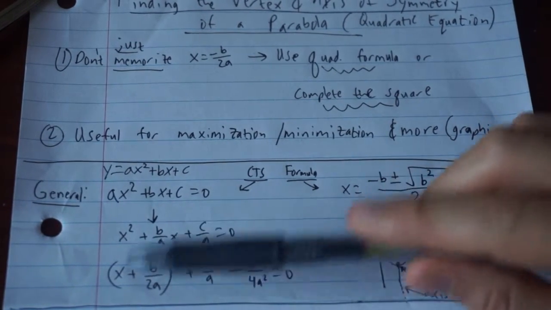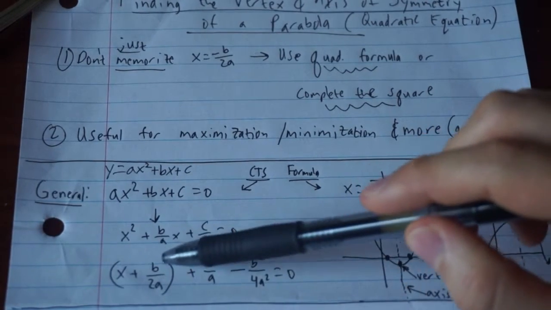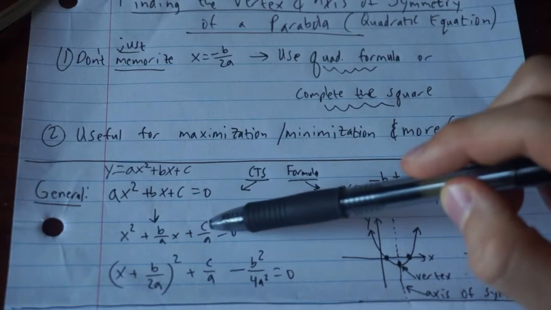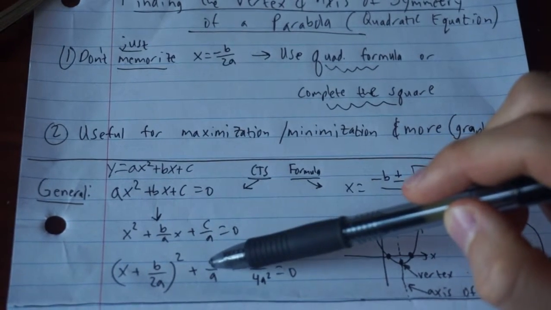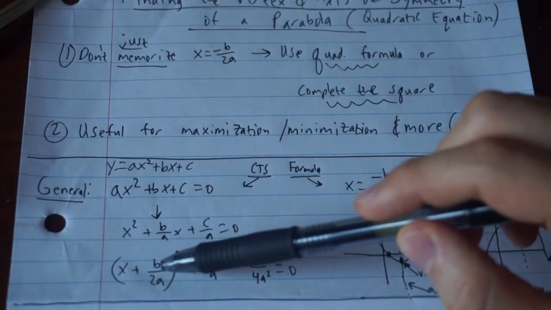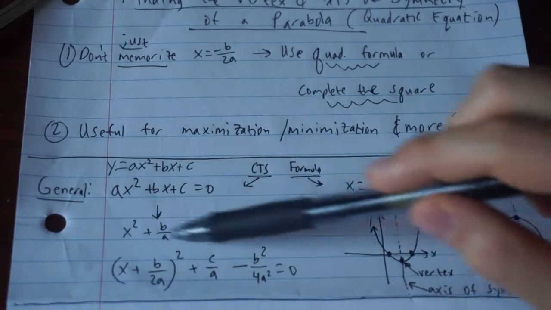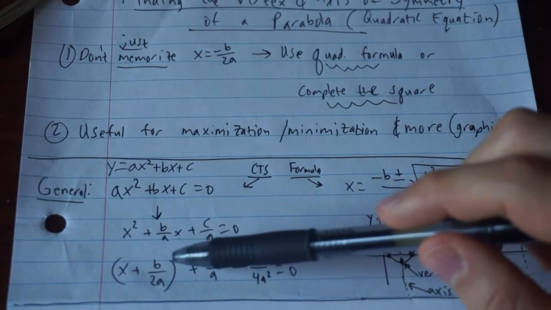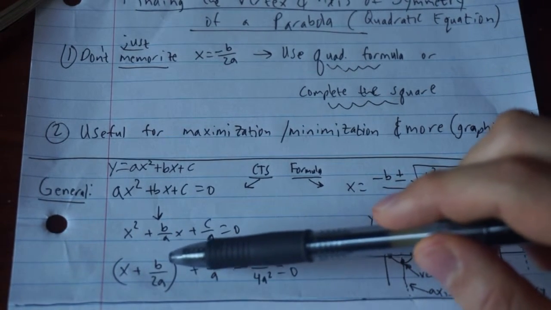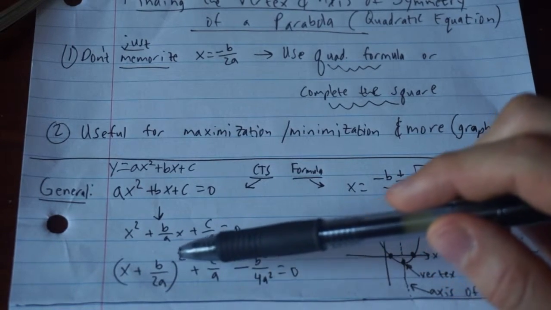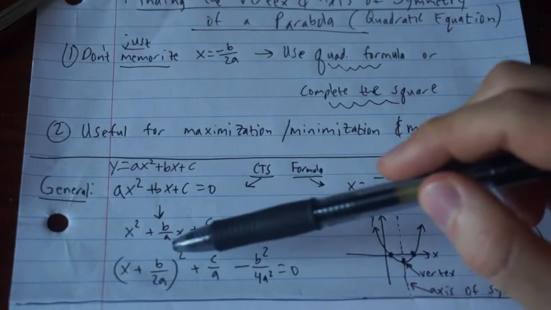However, once you square this whole thing and expand it, you will also get a b squared over 4a squared, which is not this term. That's why I've copied this term down, but then subtracted the extra garbage you get from actually multiplying this out. So this line does correspond to this line, but this is written in a little more clever way. If this is confusing, you need to review the deriving the quadratic equation video, as well as expanding and factoring.